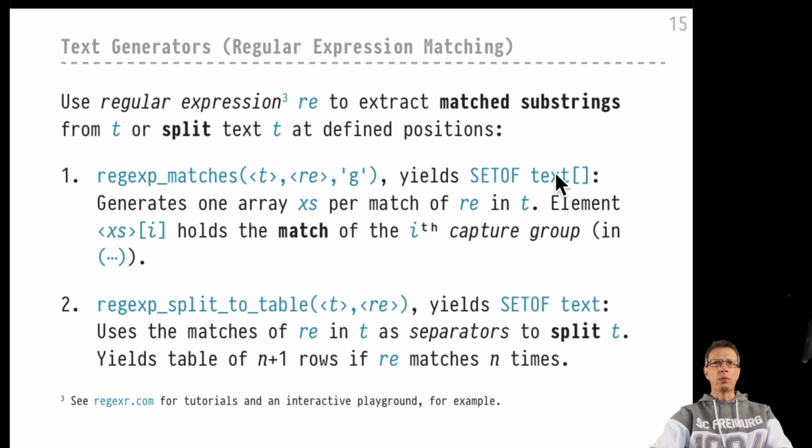Inside this row, we would find a text array, and the text array holds the matches of the so-called capture groups that are filled when we find a regular expression match. Capture groups are a notion that stems from modern regular expressions, where parts of a match, particular substrings of a match, can be identified and then extracted individually. We will see an example on the next slide and also in the editor.